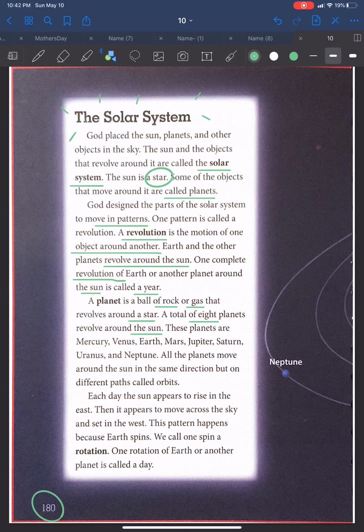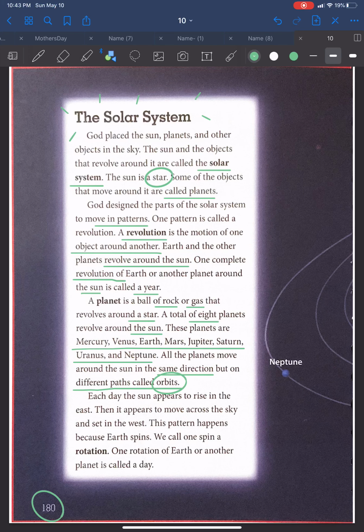These planets, in order from the sun, are Mercury, Venus, Earth, Mars, Jupiter, Saturn, Uranus, and Neptune. All of the planets move around the sun, but they all also move in the same direction. But they all have their very own different paths, and we call those different paths orbits.